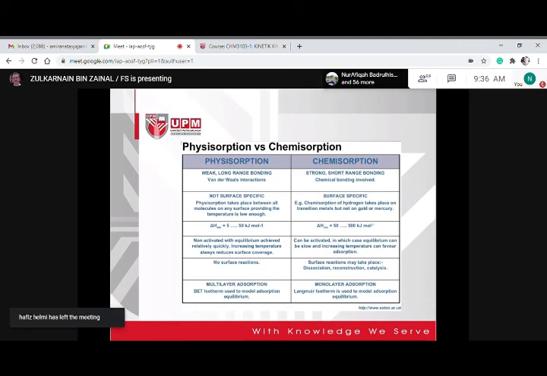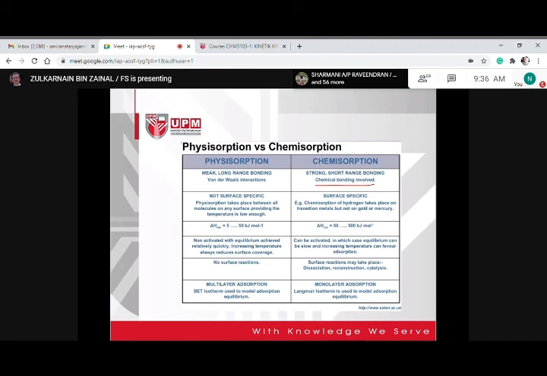Okay, physisorption, chemisorption, long range bonding, short range bonding. Physisorption is physical adsorption. Chemisorption is chemical adsorption, right? So when it involves chemisorption, it involves a strong bond between the adsorbate and the adsorbent. So that's why you can see this short range bonding, right? And it sometimes forms a chemical bond between the adsorbent and adsorbate.